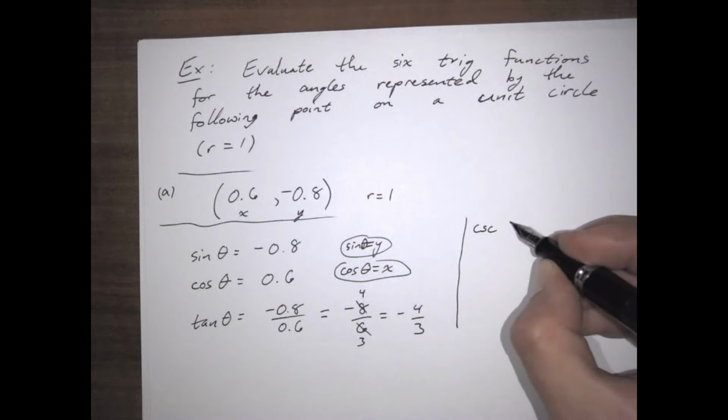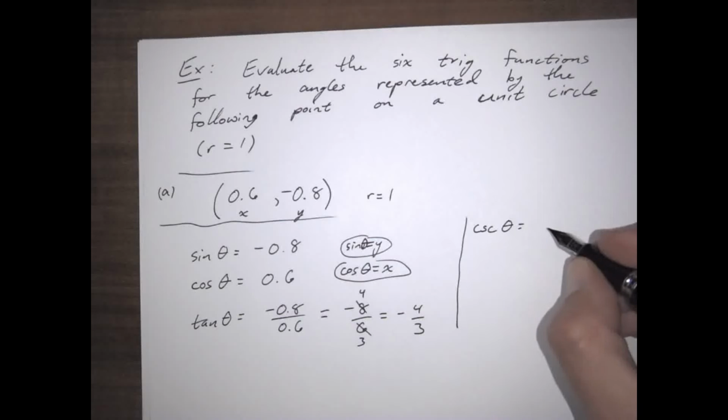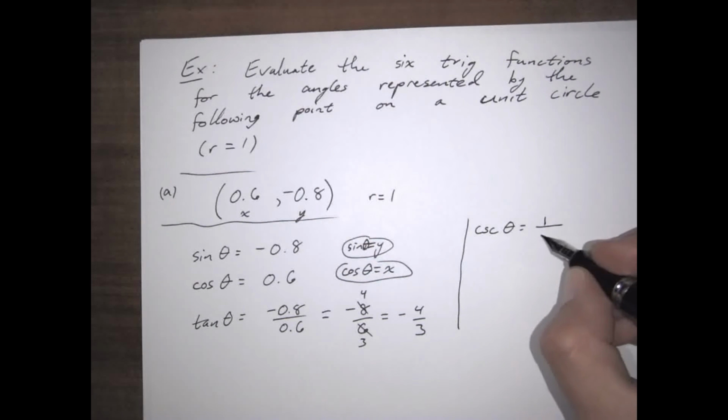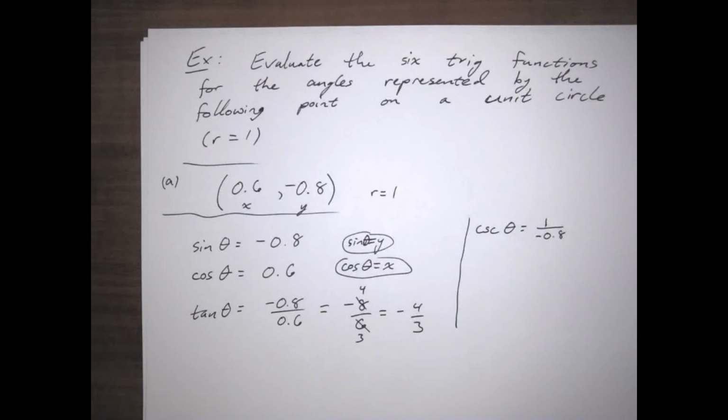So cosecant theta is equal to the reciprocal of sine, or in other words, the reciprocal of the y, but those are the same thing, because we're still talking about the unit circle. So that's 1 over negative 0.8. So radius over y, or it's 1 over the sine, either way.